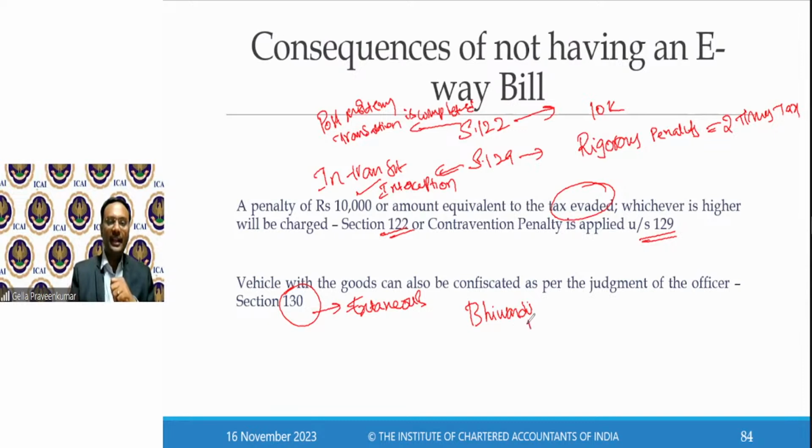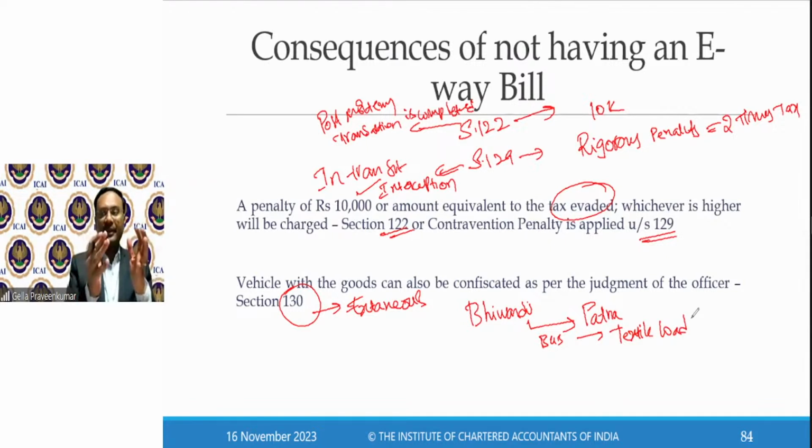From Bhiwandi, there is a bus which is coming to, let's take the example of Patna. This particular bus has a textile load. You have piles of textile stored on top of the bus.